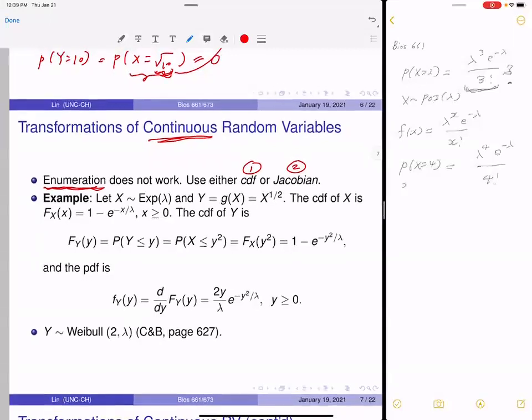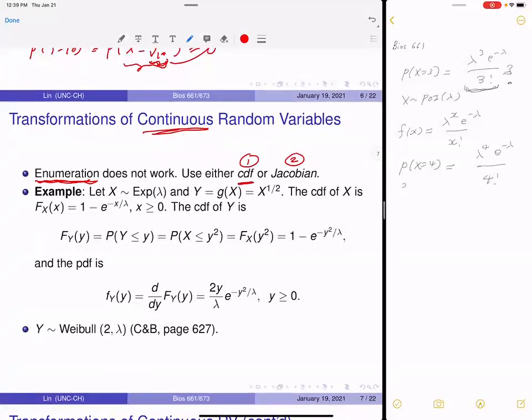First one, how do I use CDF to derive the distribution of a new random variable? It should be straightforward, right? If I'm asking you to derive the distribution of some random variable, the number one thing you would think about is, could I derive the CDF? If I can derive the CDF of that new random variable, then you win.